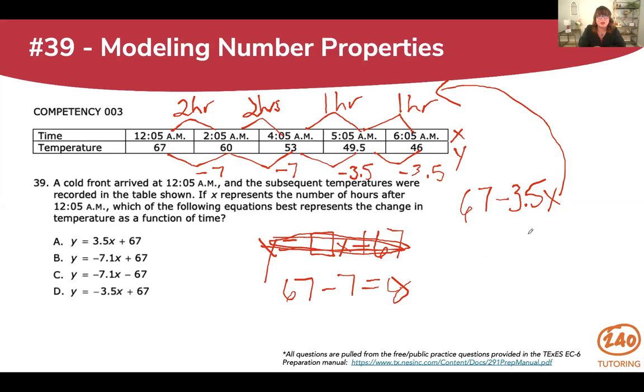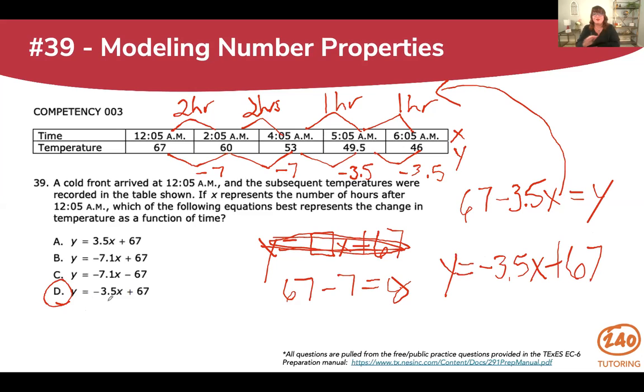Okay, so everybody with me? And then that equals y. All right, and then I can just reverse this equation. You ready? So y equals negative, because it's going down, 3.5x plus 67. Correct answer here is D.